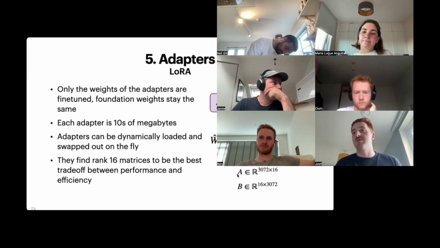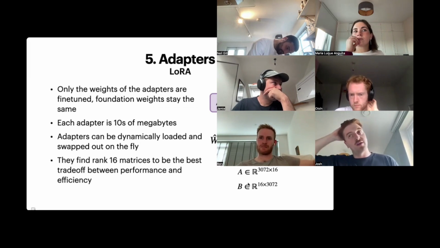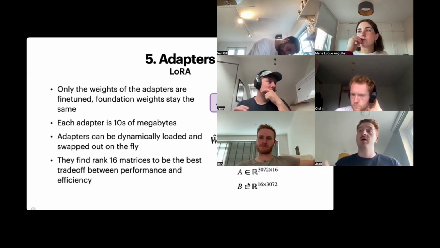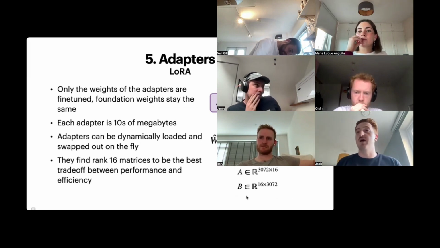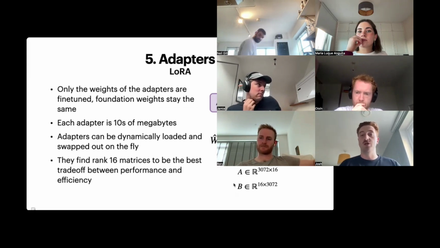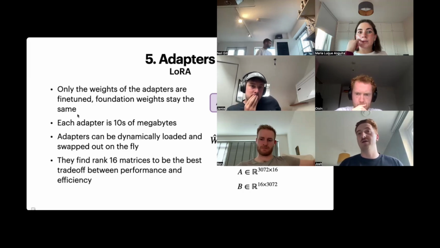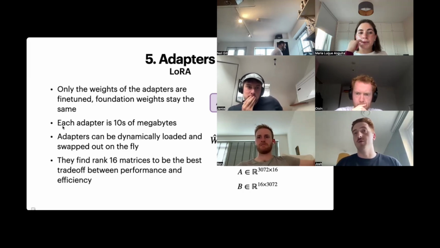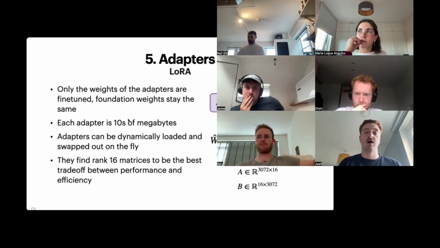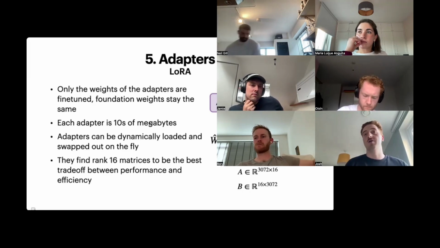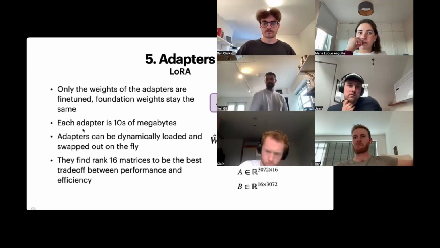Given that the hidden dimension of the model, I think, is 3072, the shapes of A and B would be this. Then you just fine-tune A and B during training, leave W as it is. From this, they found that the memory footprint of each of the adapters was tens of megabytes, so very, very small compared to the underlying foundation model.